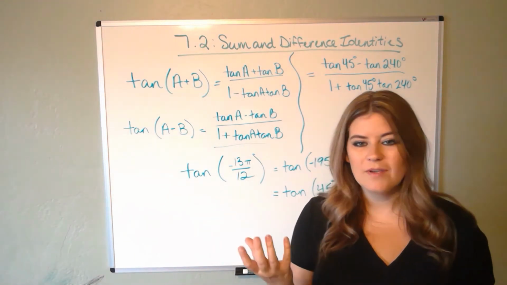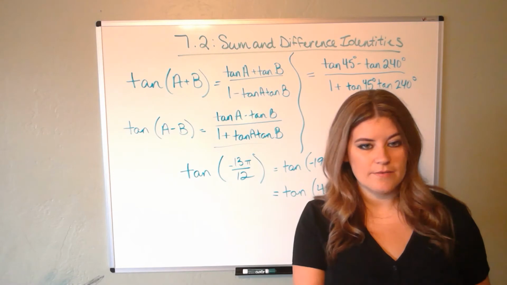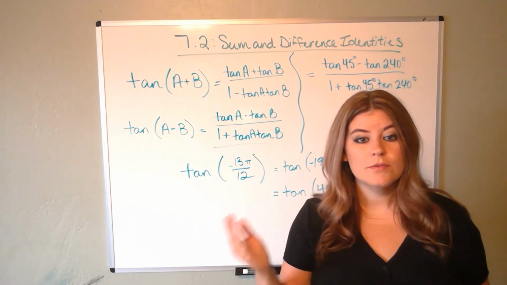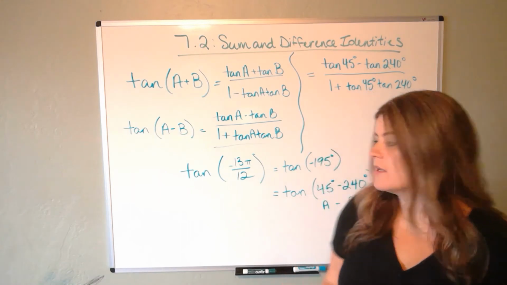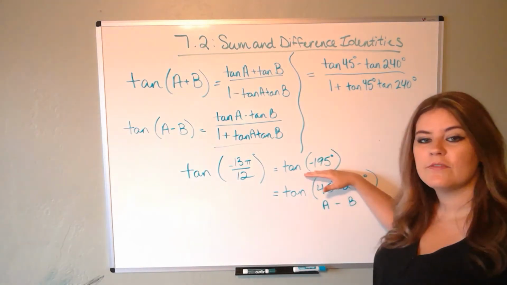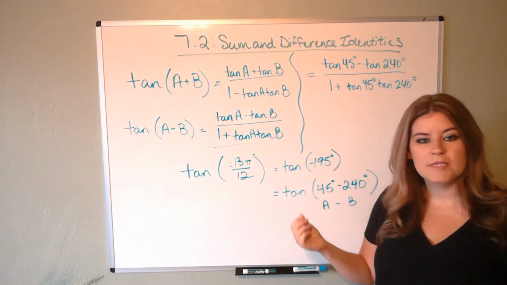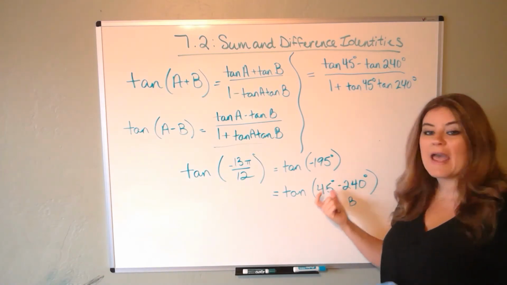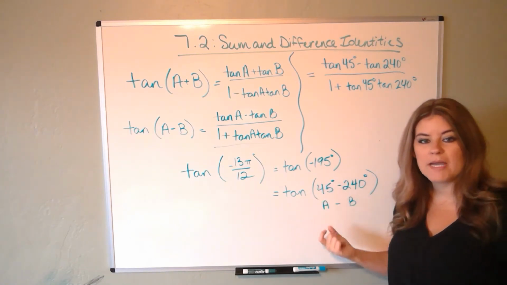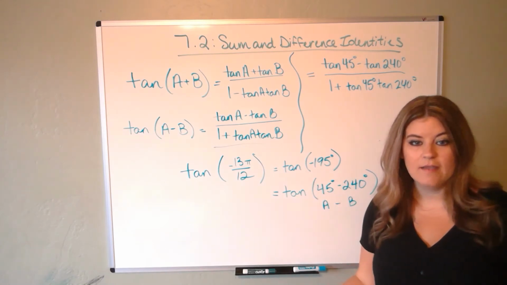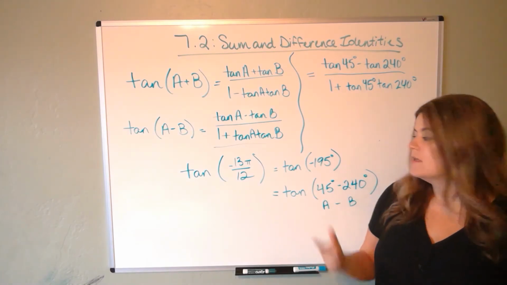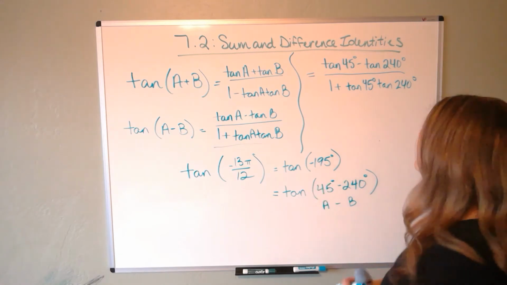If you have a sum and you're equaling 75, for example, you could do 30 plus 45 or 45 plus 30. Either way, that's 75, right? But when you're looking at a difference, make sure your A and B stay in the right order. This had to be 45 minus 240, not the other way around. So 45 has to be A, 240 has to be B to get what I'm looking for.